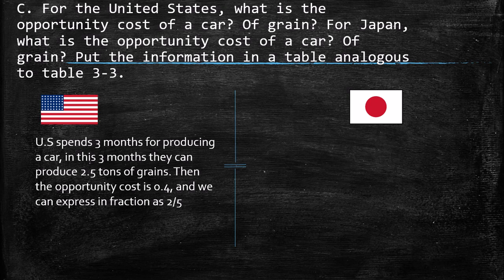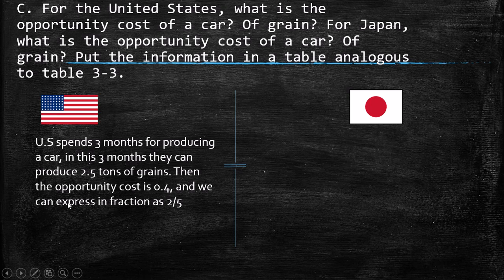So again, we have this one. The opportunity cost is 0.4 because it's one car divided by 2.5. This is 0.4 because in the time that the United States produces just one car, they are giving up the production of 2.5 tons of grain.